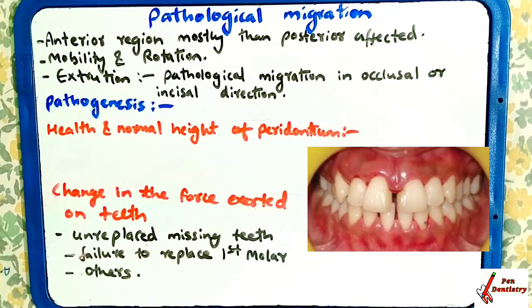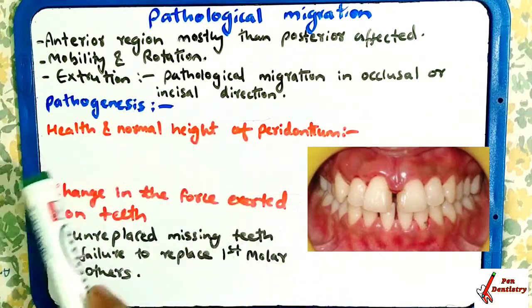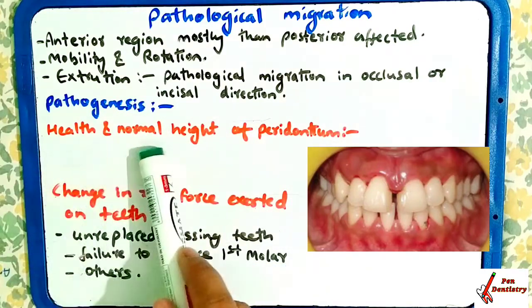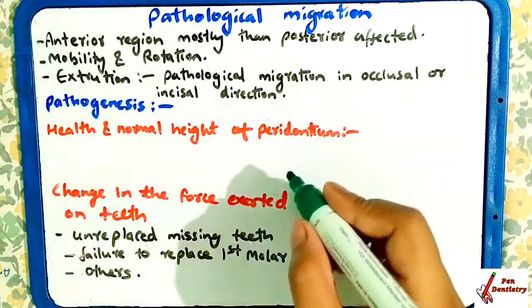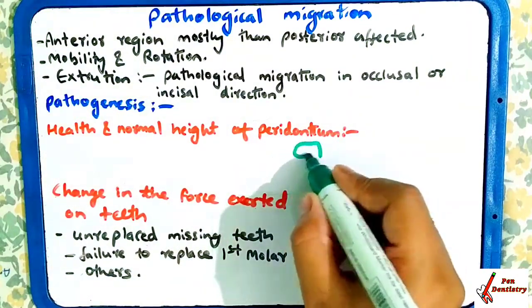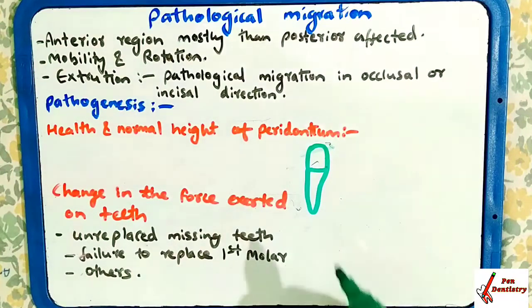Now we are going to see the pathogenesis of the pathological migration. There are two main important roles in maintaining the position of the tooth. The first one is health and normal height of the periodontium. The tooth maintains its position in the socket with the help of the surrounding areas. What is the health of the tooth?